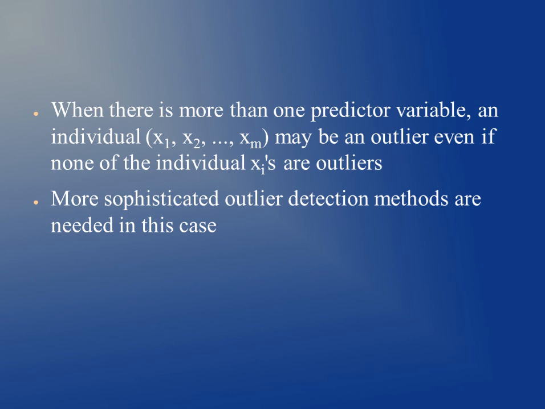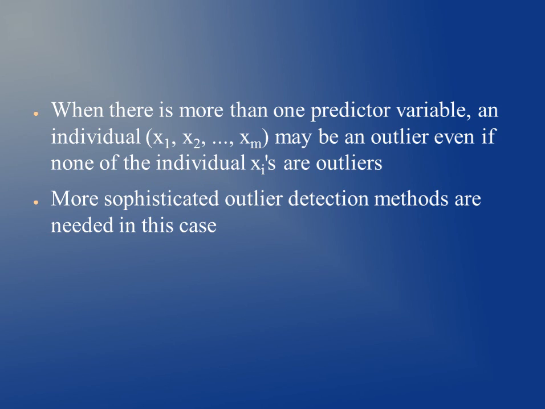And even if none of the individual x_i's are outliers, the observation might be an outlier itself. So let's say we have 3 predictors like we did in the stack loss model: airflow, water temperature, and acid concentration.